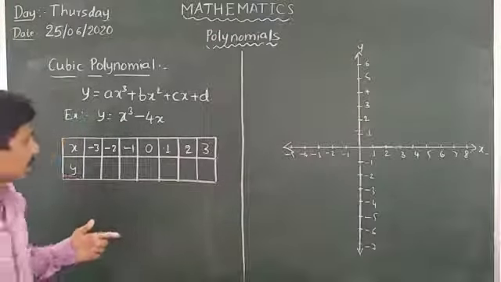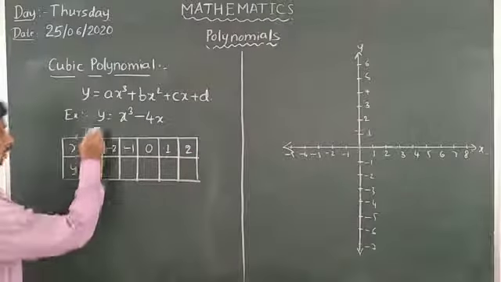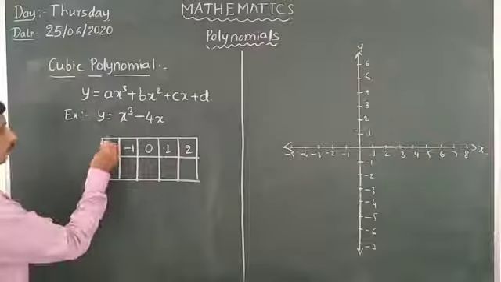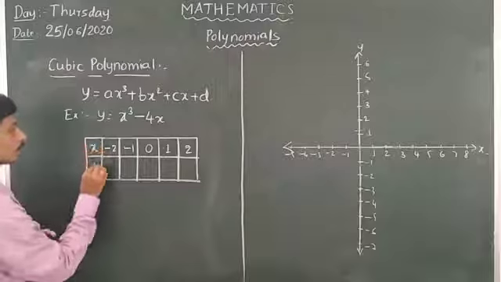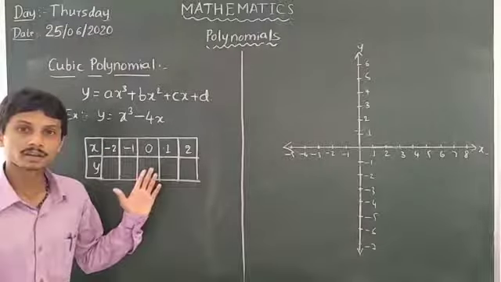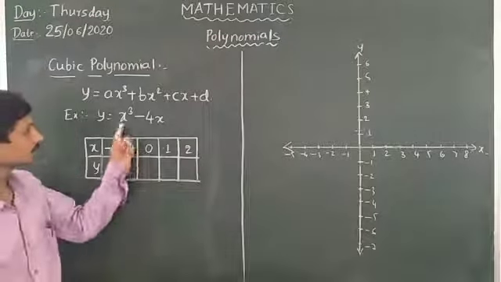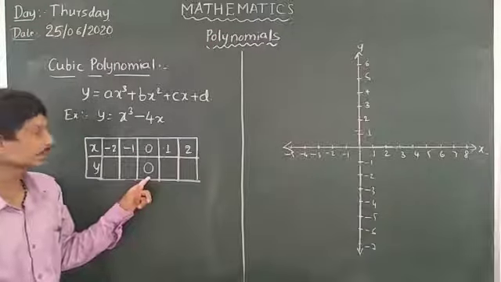So I will neglect this minus 3 and 3, so it's a higher value here. So we can neglect it. X and y. So I will take these 5 values of x. So here when we insert 0, we get 0 here.